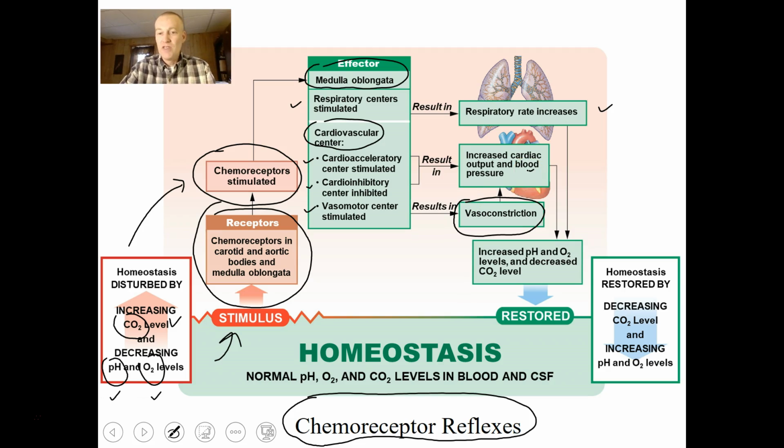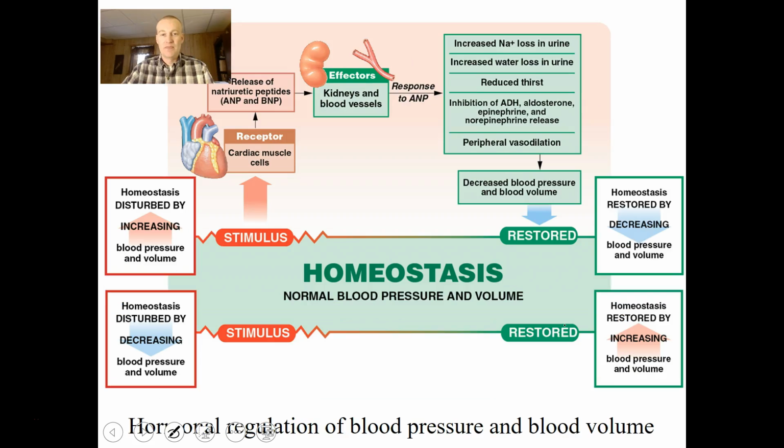So all of these things working together, the increase in respiratory rate, increase in cardiac output and blood pressure, vasoconstriction, will eventually work to increase blood pH and oxygen levels and decrease carbon dioxide levels. So we restore homeostasis using those chemoreceptor reflexes.